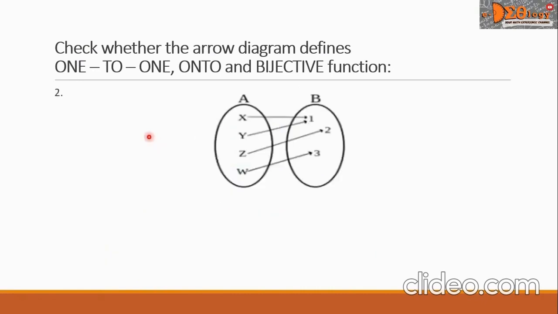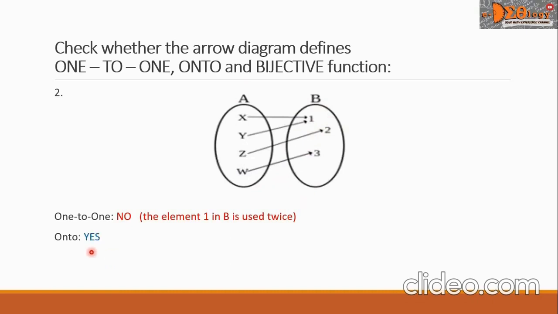Let's have example 2. Look at this figure and we will check if this is one-to-one, onto, or bijective. Is the function one-to-one? The answer is no, because the element 1 in group B is used twice. Next question. Is the function onto?